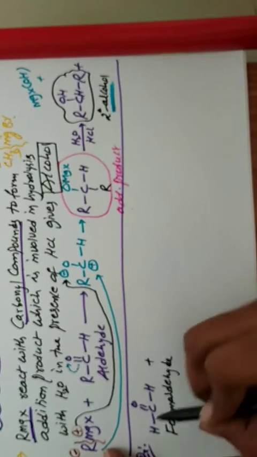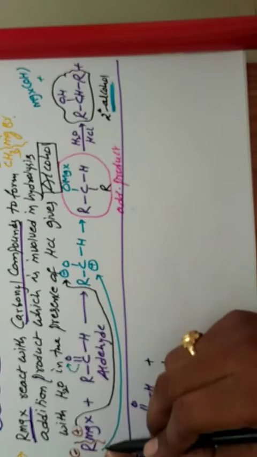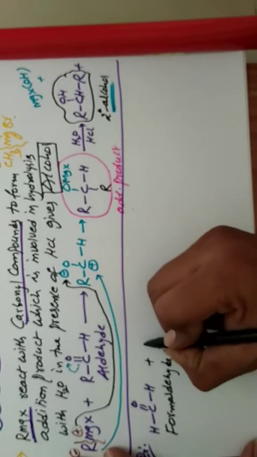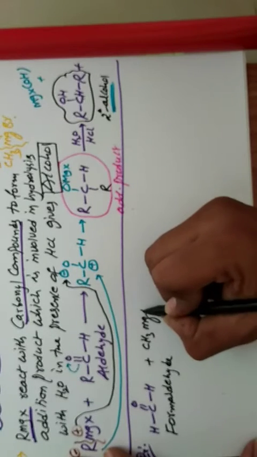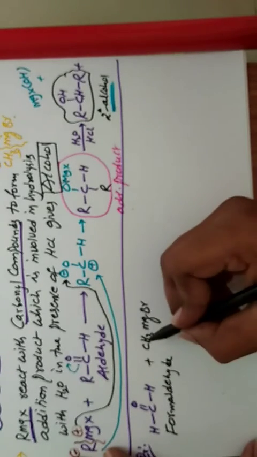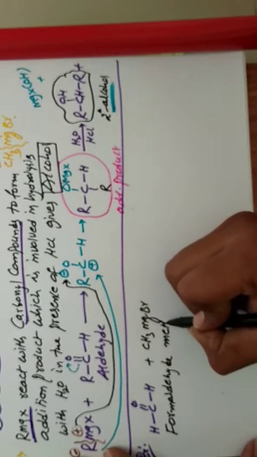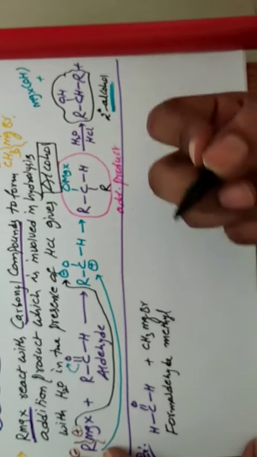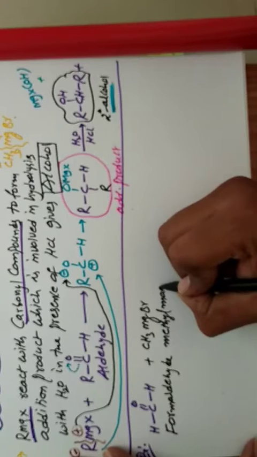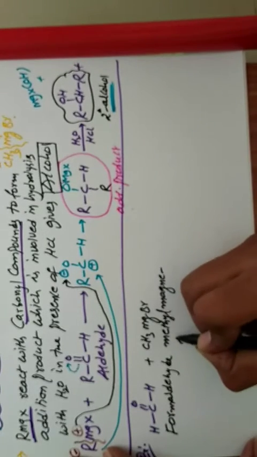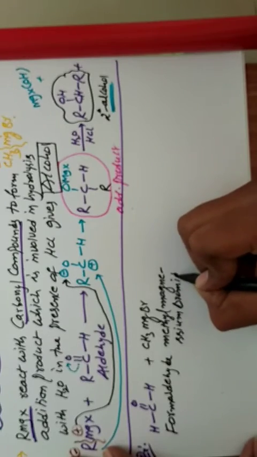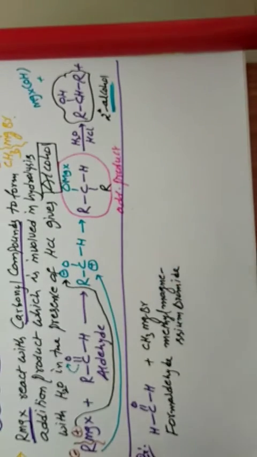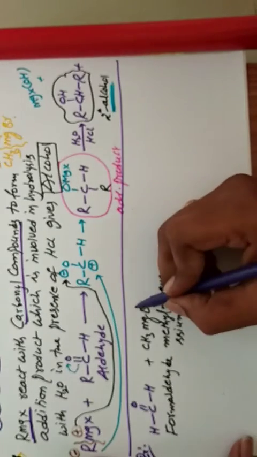Formaldehyde reacts with RMgX. Here RMgX means we are taking CH3MgBr. What is this name? Methyl magnesium bromide. So what happened in this case?